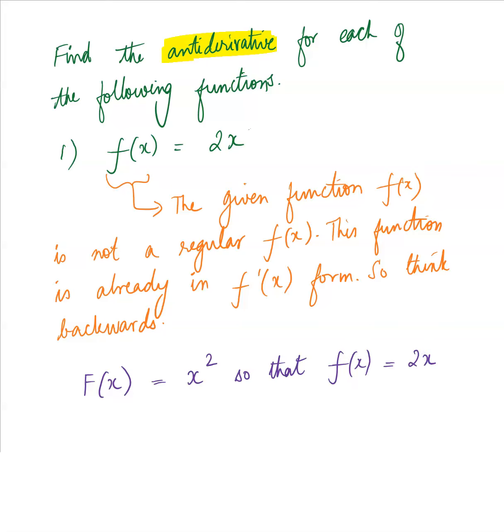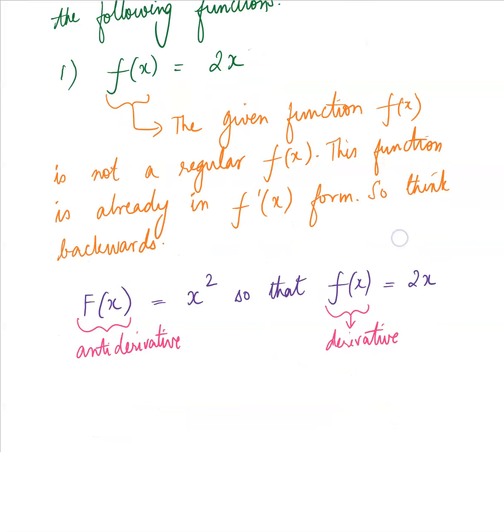I want to quickly point out that this one is the antiderivative because it's a capital F. This is a notation that I'm bringing in to differentiate between the two f's, and this is already the derivative. So in this case, the antiderivative would take us back to the original function. So we are recovering the function, which is x squared, for which the derivative is 2x.